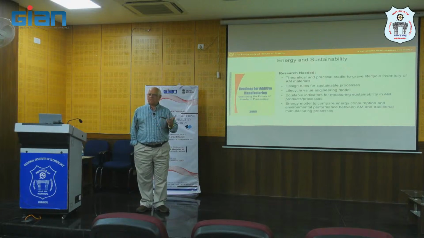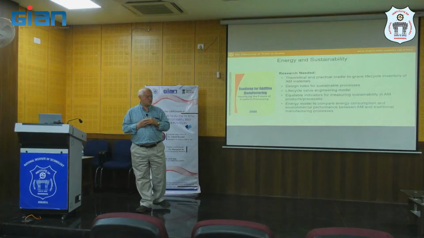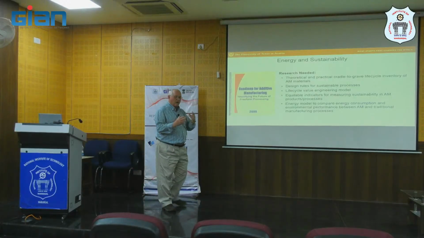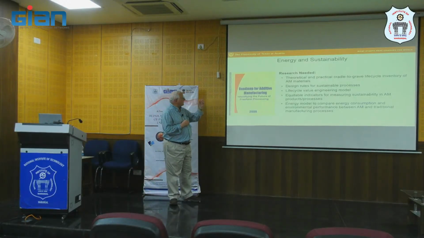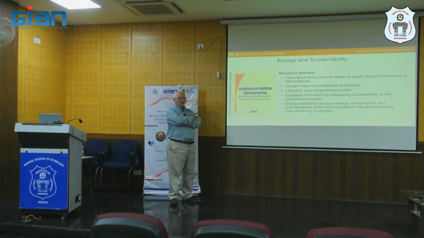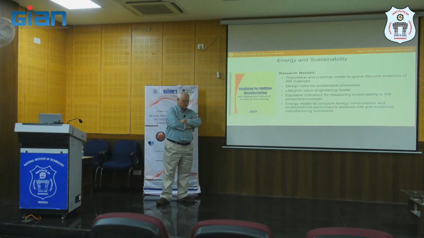Again, keep in mind that typically, if we go into environmentally friendly materials and feedstock, the mechanical properties are almost definitely going to suffer. So we need those design rules for how to work with those parts. Life cycle value engineering model, I've already beat that, I think, well enough. Equitable indicators for measuring sustainability in additive manufacturing products and processes.